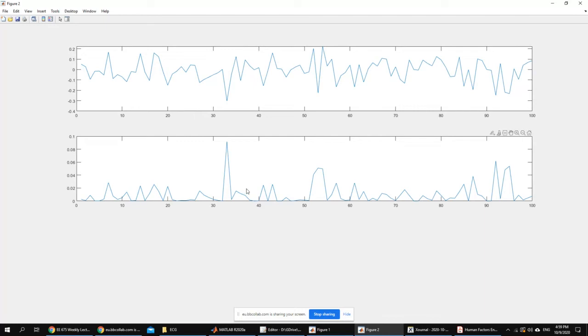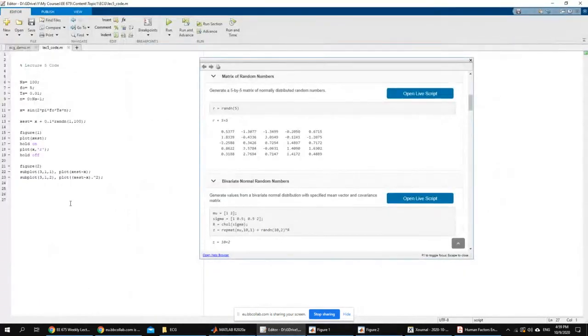Here it's all positive. Basically, if you go to your code here and just add these numbers together, I'm just going to add this first.